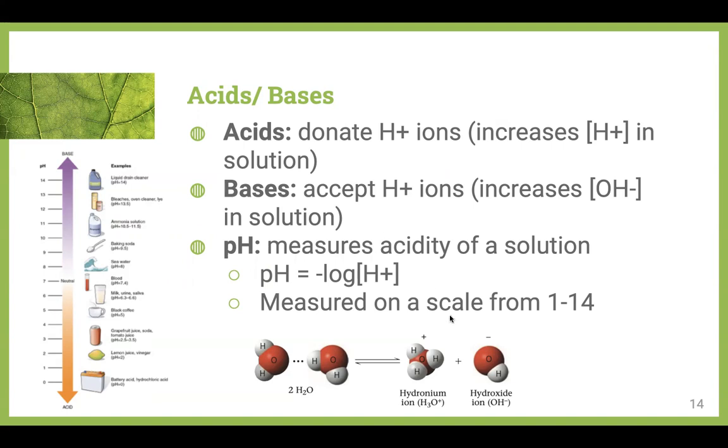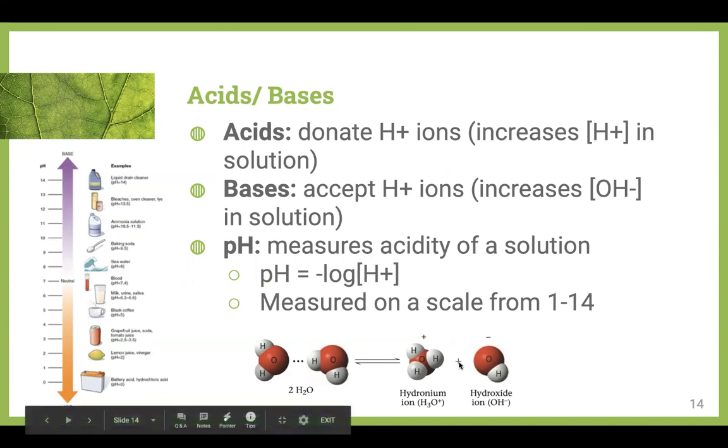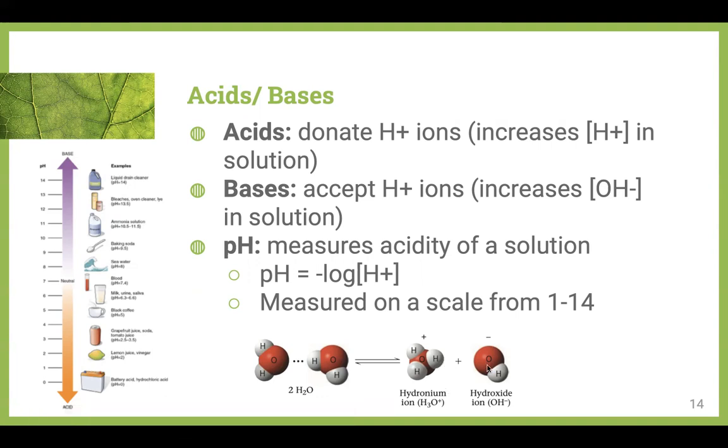And as you can see here, water can act as both an acid or a base. When water is together, one water molecule can get an additional hydrogen ion, making hydronium, while another water molecule can donate a hydrogen ion, making hydroxide.